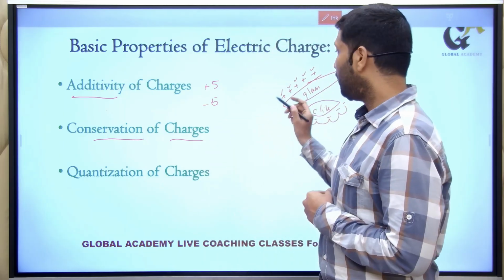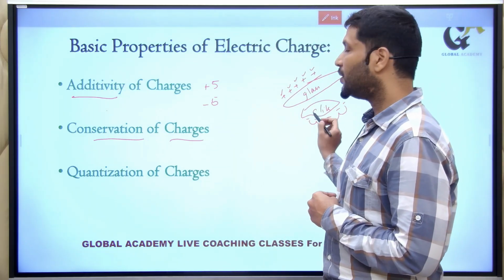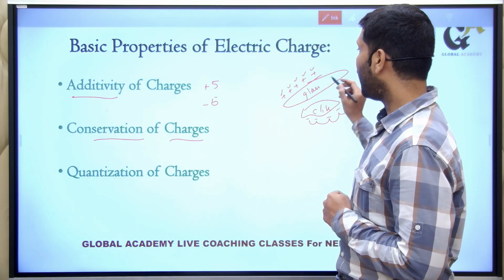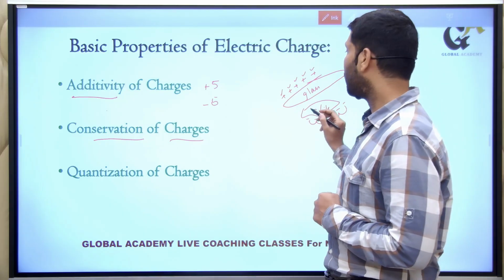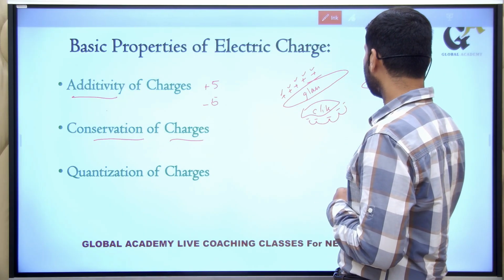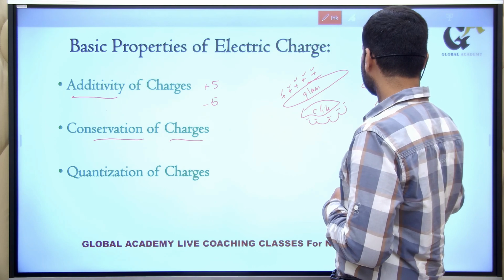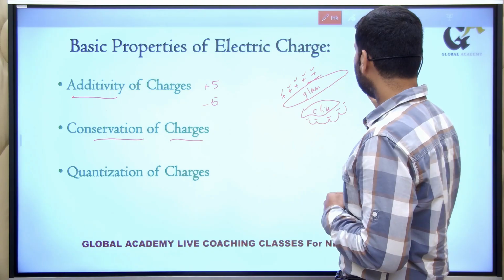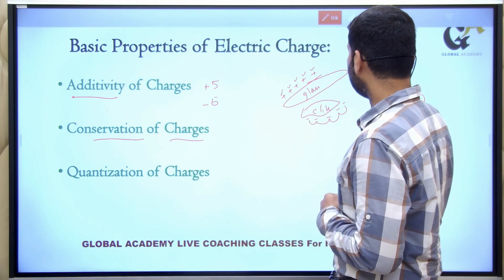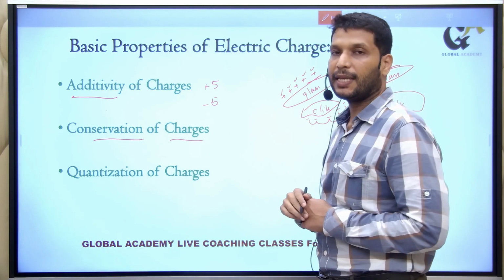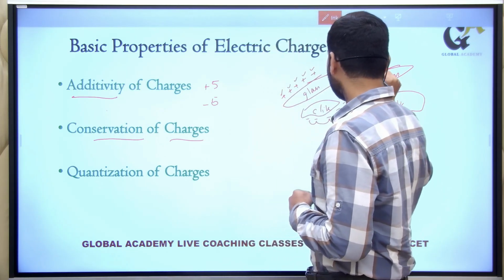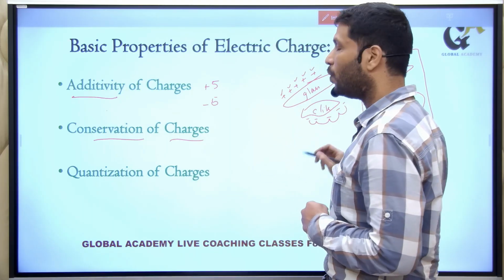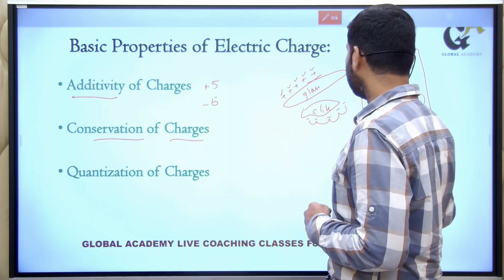For example, when we consider the charging of two bodies by rubbing, before rubbing the glass rod and silk cloth, they were not charged. The total charge of the glass rod is 0 and the total charge on the silk is also 0. So for the total system, the sum of the charge is 0 plus 0, which is 0.